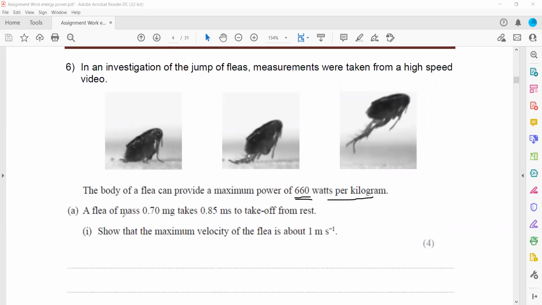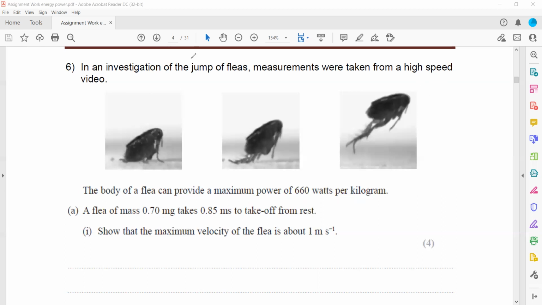A flea has a mass of 0.7 milligram and it takes 0.85 millisecond to take off from rest. Show that the maximum velocity of the flea is about 1 meter per second. So we want to show that the maximum speed or the velocity is 1 meter per second.